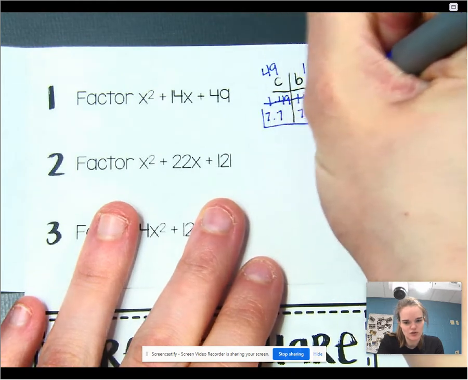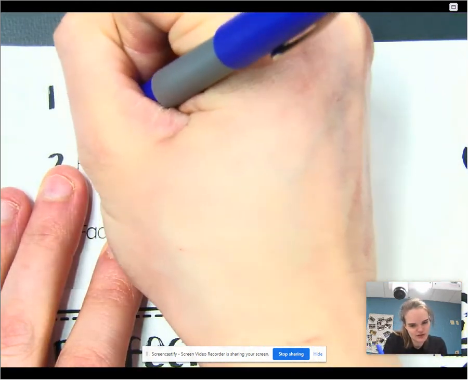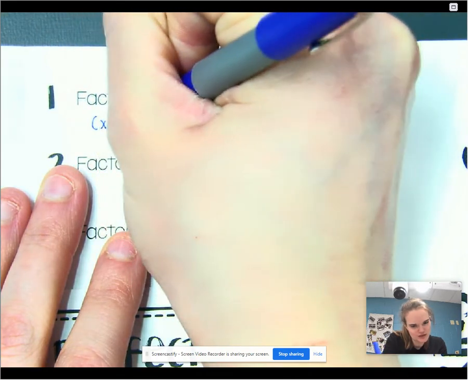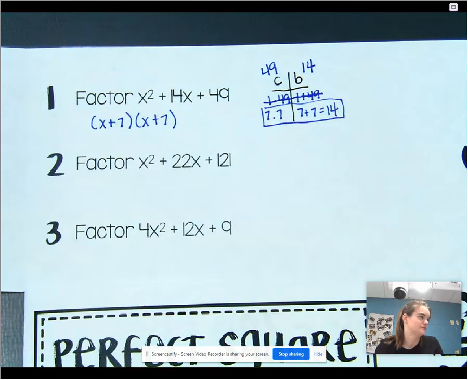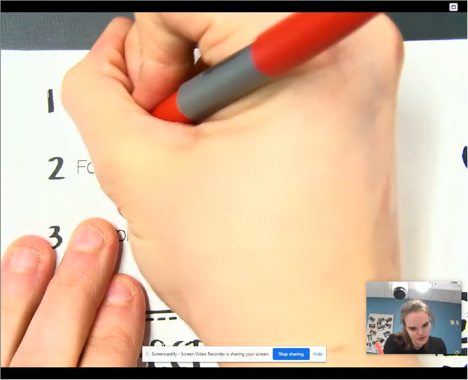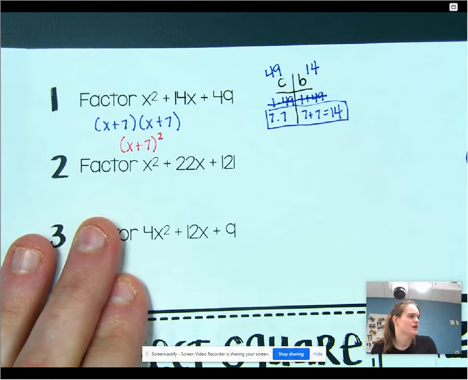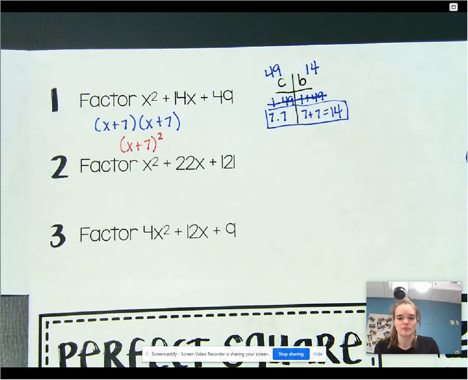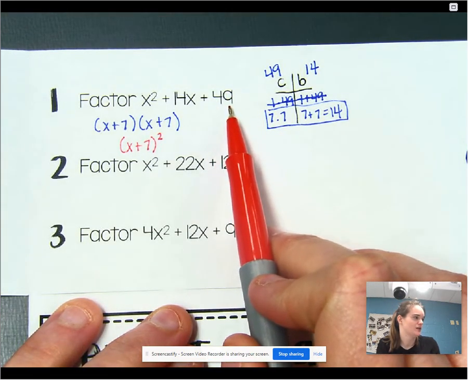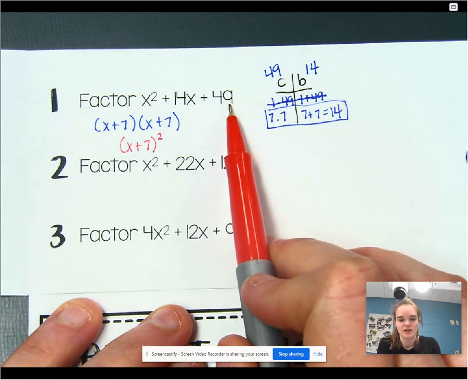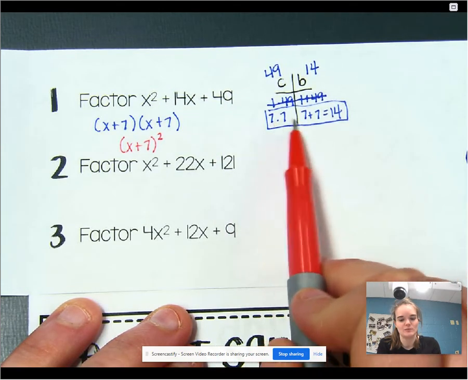These are special for a reason. That means our factor is x plus 7, x plus 7. However, the final answer is x plus 7 squared because there are 2 of them. That is what we are actually doing. So on each of these, they are special because the last number, c, is a perfect square, meaning I've got 2 of the same values here.